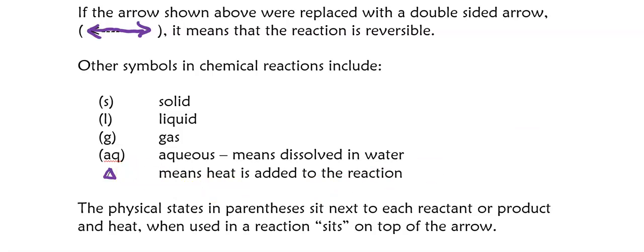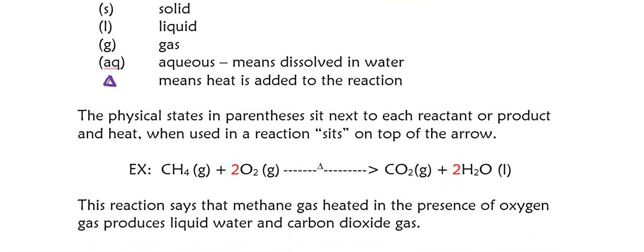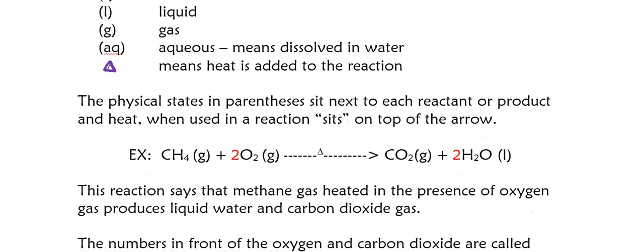These are all symbols you are going to use and encounter throughout the rest of the year. The physical states in parentheses sit next to each reactant or product, and heat, when used in a reaction, sits on top of the arrow. This is why that heat symbol is right there.